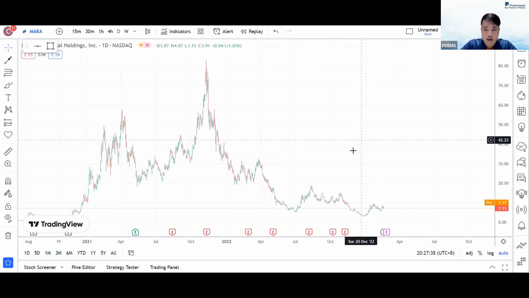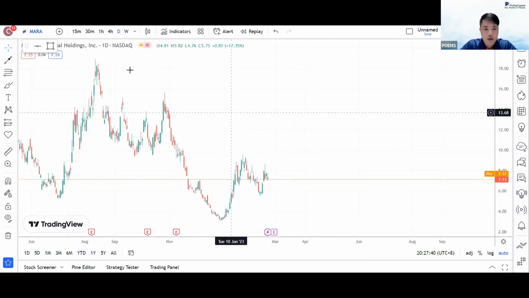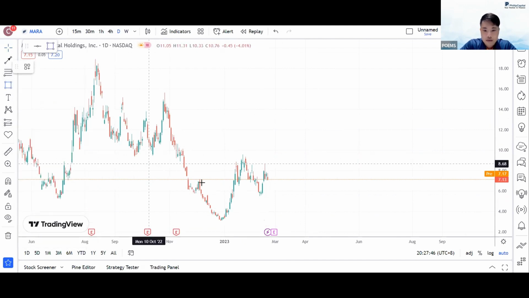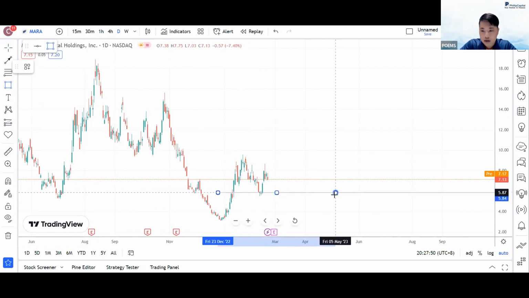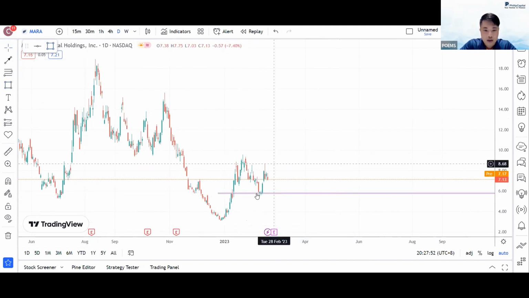So for Mara, if we zoom in using the daily chart, the immediate support is around $5.8 to $6.